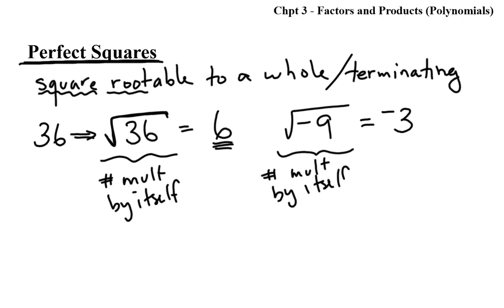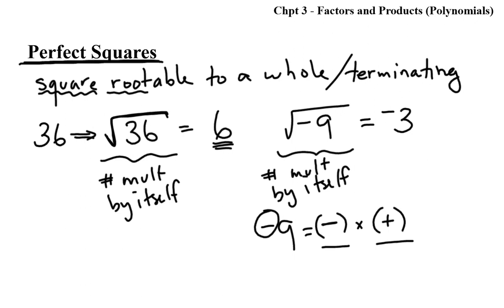There is no number that, if I start with -9, is something times itself. It doesn't exist. The only way to get a negative is to have a negative times a positive, different signs. This obviously isn't something times itself because there are different signs. So the square root of -9 isn't -3.